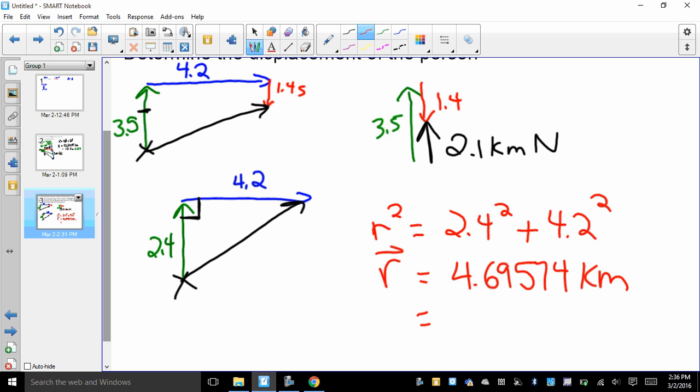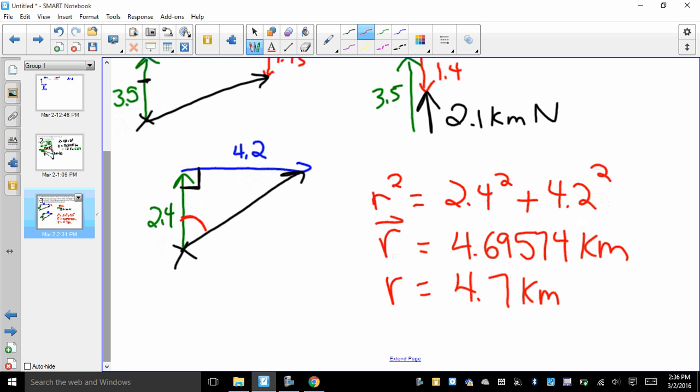Okay. I can have two significant figures, so this becomes 4.7 kilometers is my resultant. Now, I don't know the direction just yet. What I would need, first of all, is this angle. So opposite over adjacent would give me that direction.